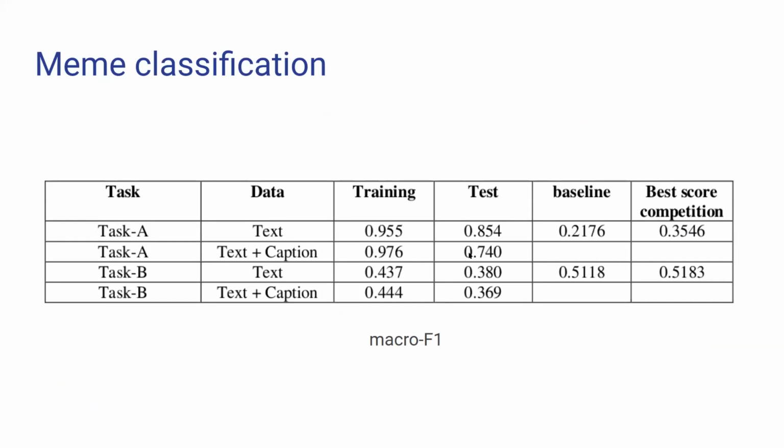The results are not so good when we use text and the caption of the image. We can see that actually the result is worse than using just text. It is the same case for the first task of polarity classification. So in this case, it's not very useful to use the image and the text information of the data.